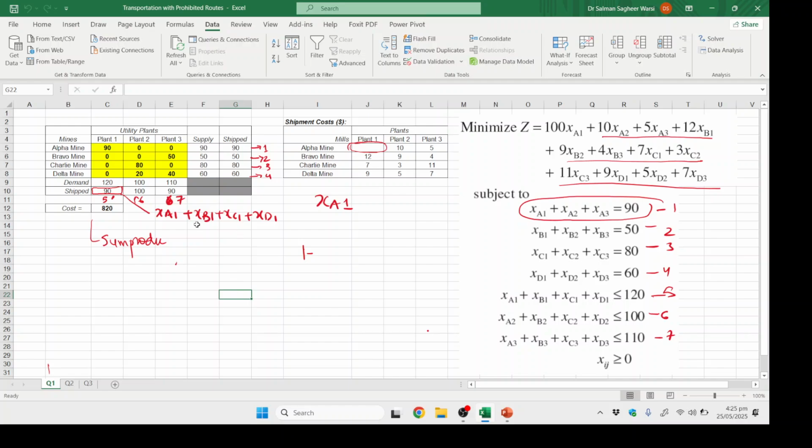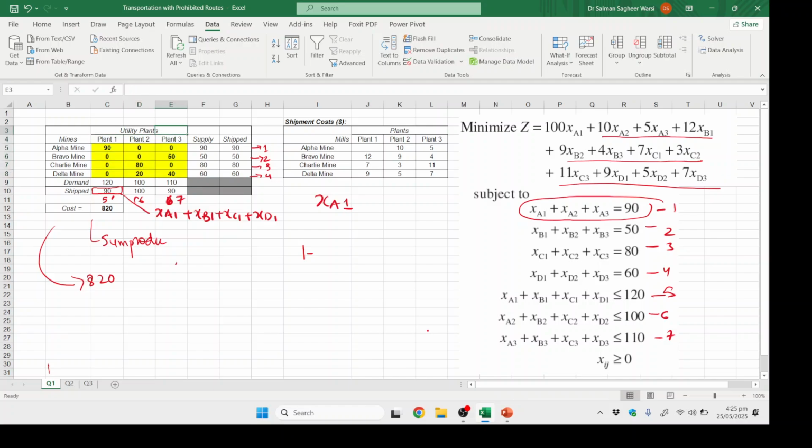You see, now the solver has assigned a quantity of 90 tons to be shipped from A to 1. Although we have omitted the cost, the solver takes it as having a zero value here. So omitting it is not an option. Let's say I now redo it. You remember the value we got with omitting it was 820.